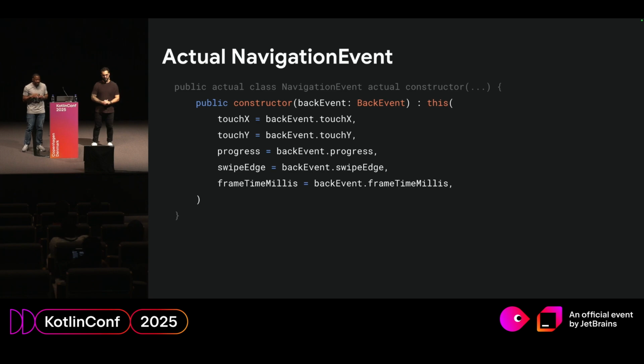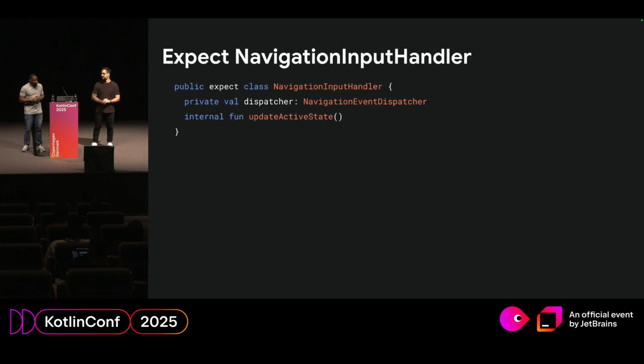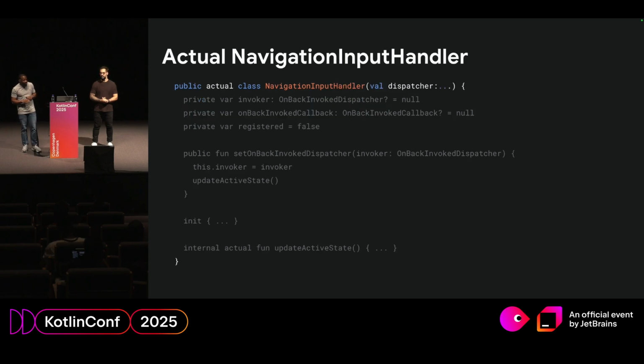For other platforms, they need to provide their own signals to convert, but now we'll take a look at the slightly more complex navigation input handler that's responsible for adding the inputs from other platforms. So here is a reminder of the navigation input handler expect class. Since we don't know what the actual other platform signals will be, it's extremely generic right now if you look at it.